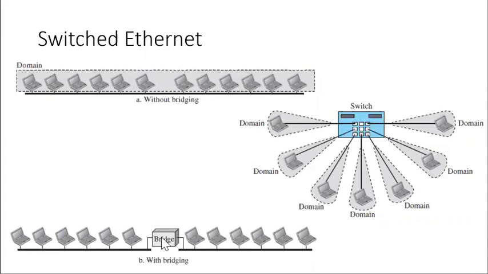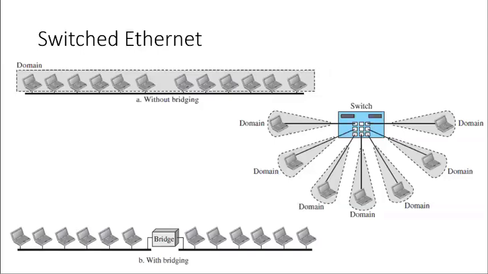When we use a bridge in Ethernet technology, it is known as bridged Ethernet. Initially 12 devices had to compete with each other in order to access this 10 Mbps bandwidth. Now by dividing this into two collision domains, only 6 computers have to compete with each other.